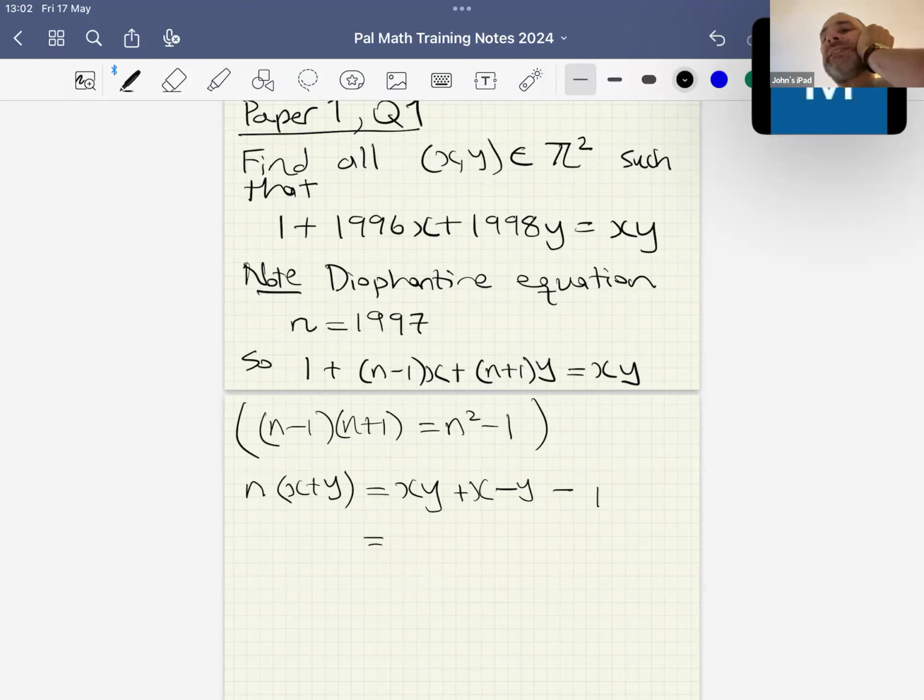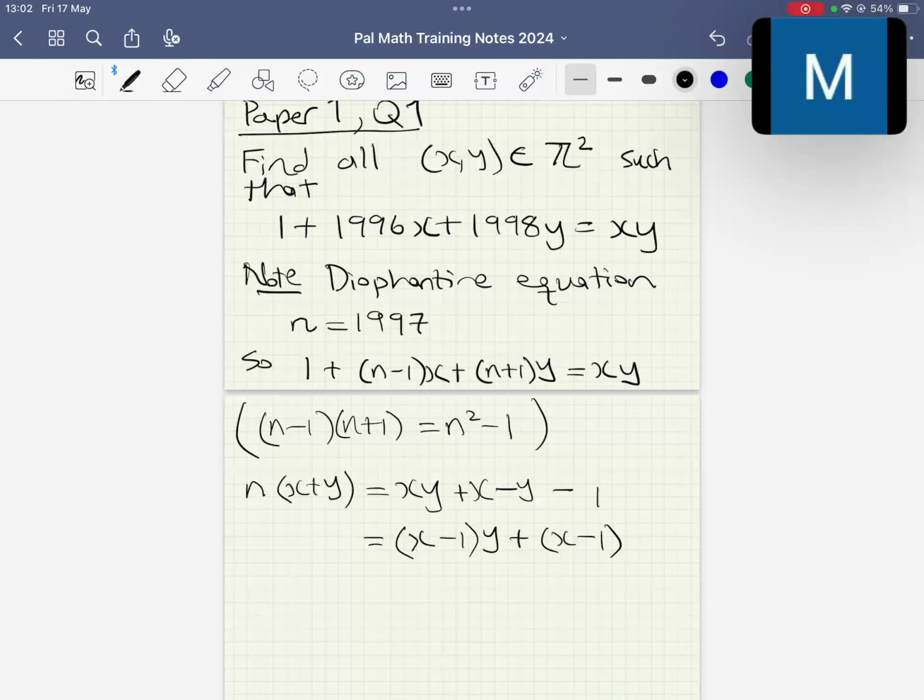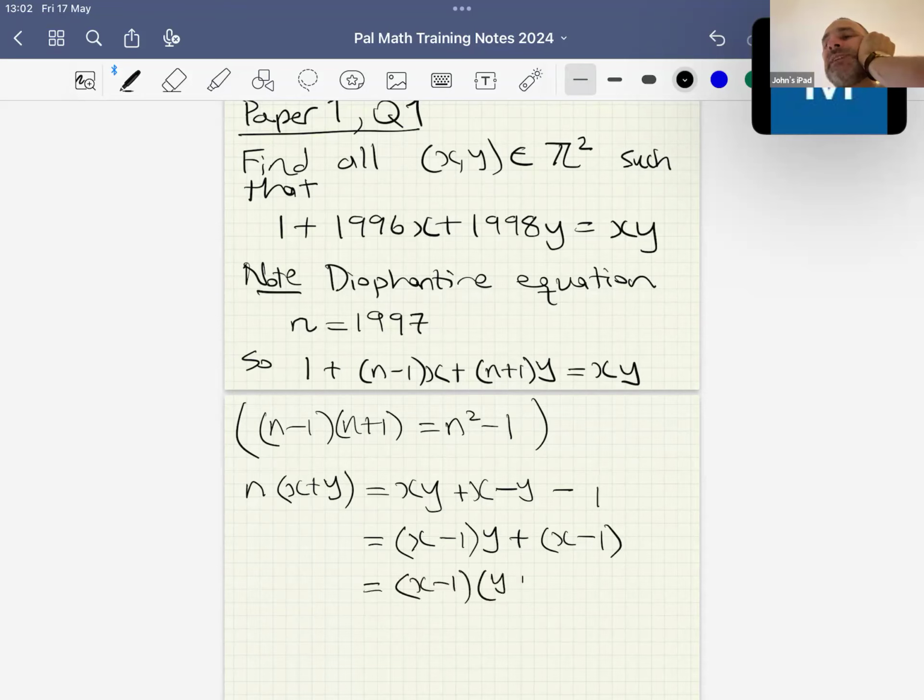So we've got x times y and minus 1 times y, and then the remaining part is x minus 1. You agree with that? And now you've got an x minus 1 term that you can pull out. So you've got (x minus 1) into y, and then a 1 times (x minus 1). So that's how we got that.